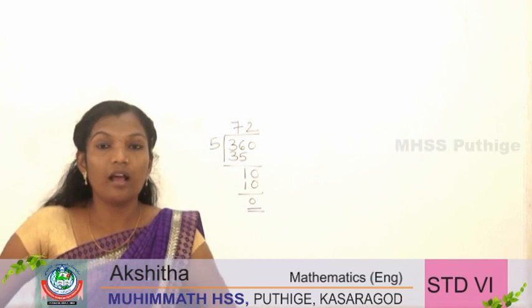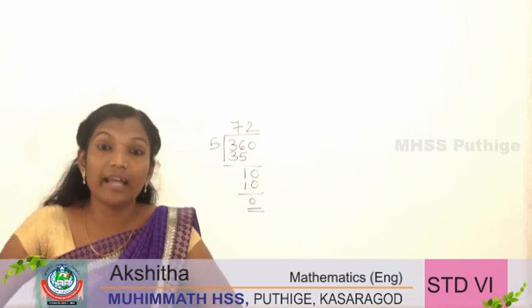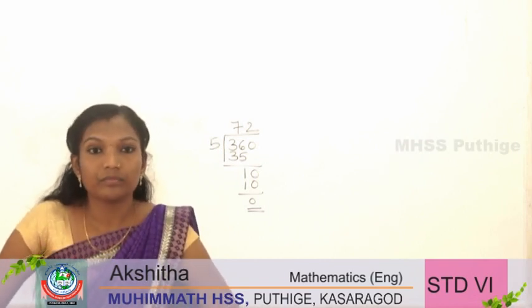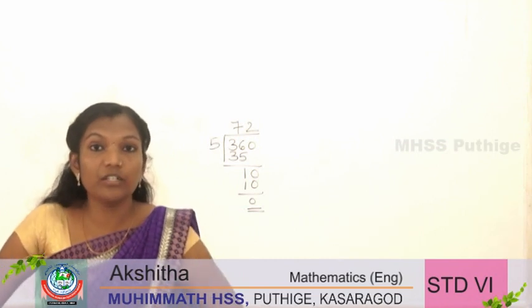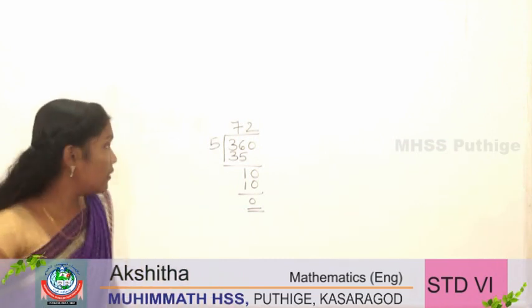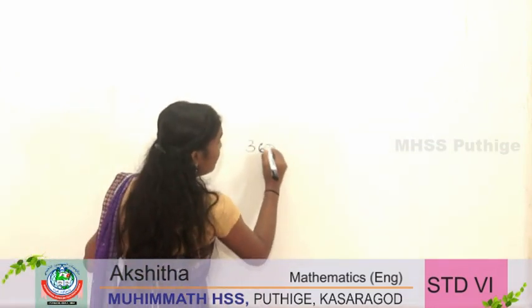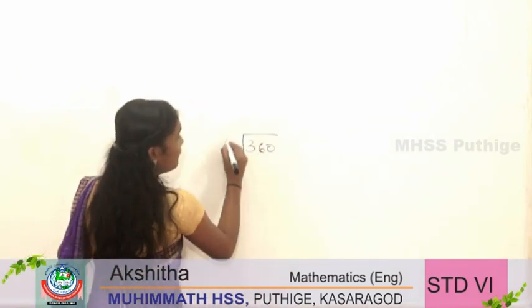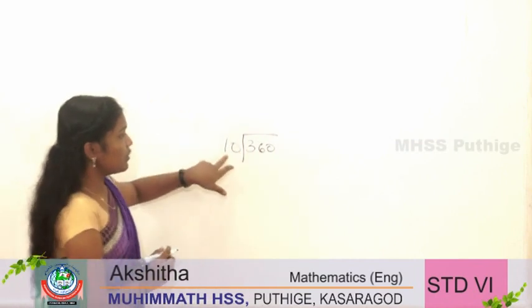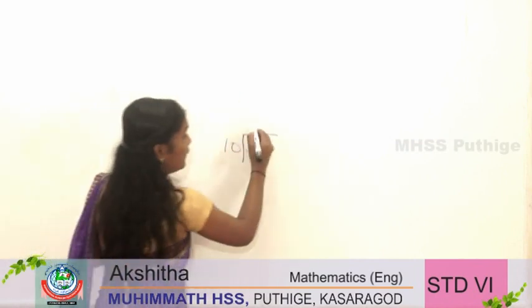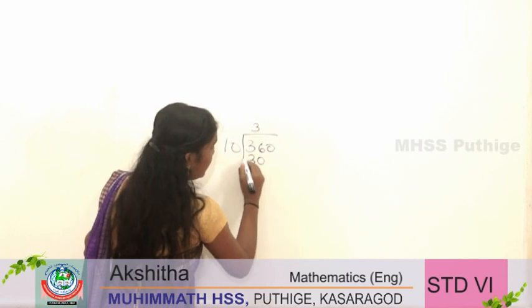Okay, can you say how can we divide the circle into 10 equal parts? To divide the circle into 10 equal parts, we have to divide 360 by 10. So 10 3 times 30.